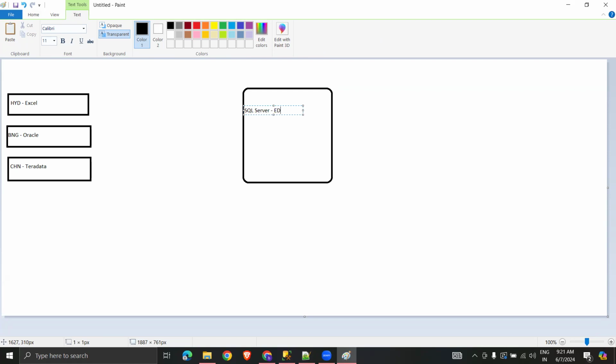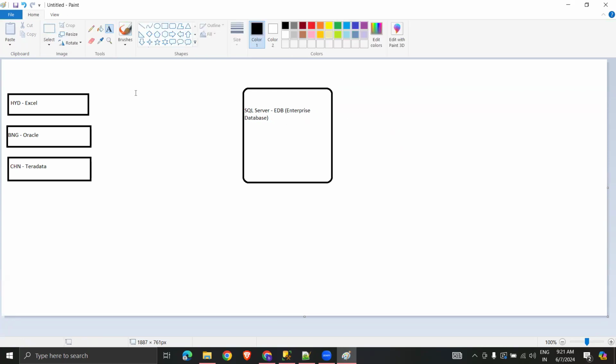We have a database called EDB, Enterprise Database, an enterprise level database. So this database is going to have all three branches' information.